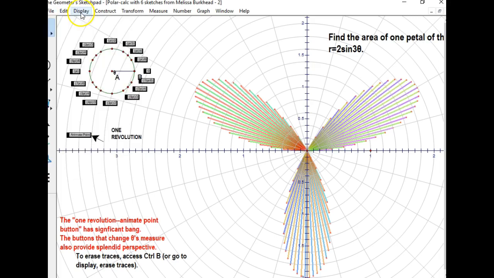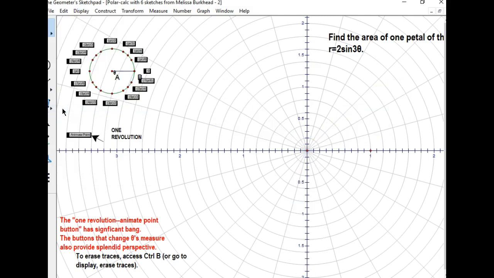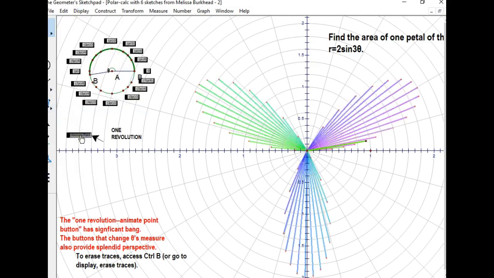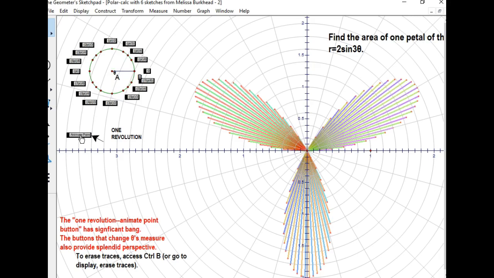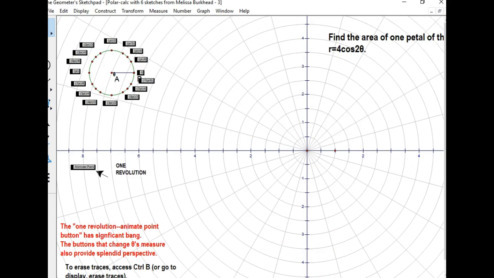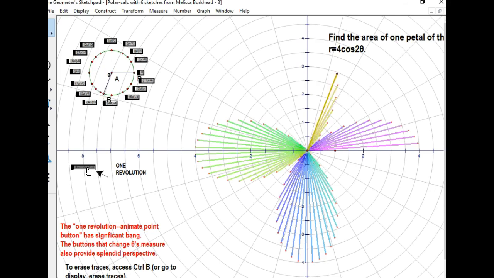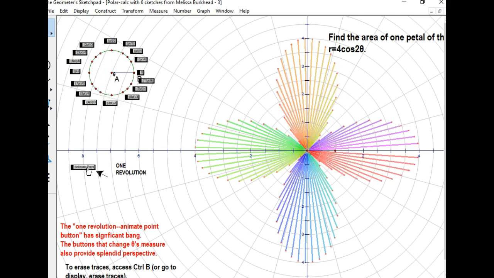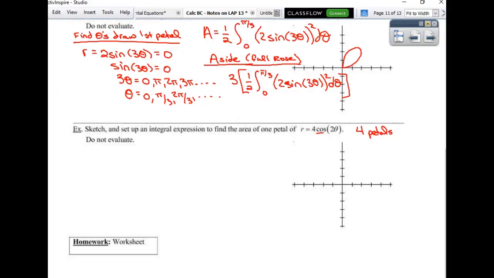If I graph that, you saw that with the 3 petals, it doubled over itself between 0 and 2 pi. If I go down to the next one, and if I graph that with 4 petals, you can see that from 0 to 2 pi, it doesn't actually do that weird double over effect, and that's what causes this to have 4 instead of 2.